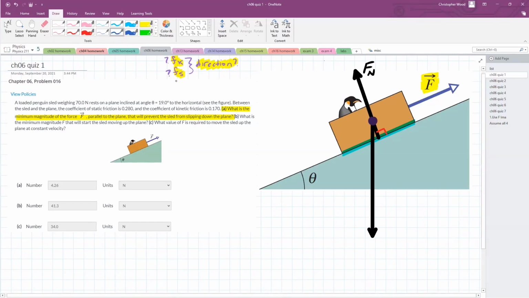Maybe I'll start here. For part A, in this case, static friction helps me prevent the penguin from sliding down the ramp.